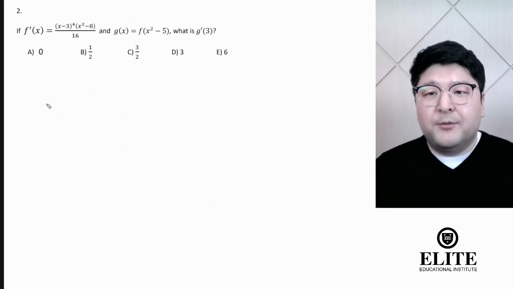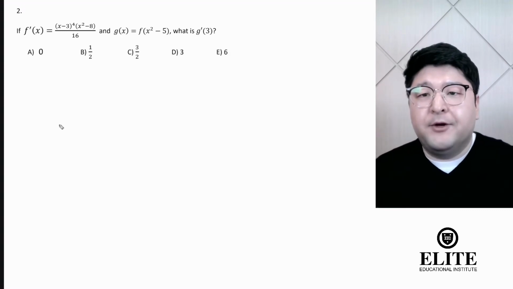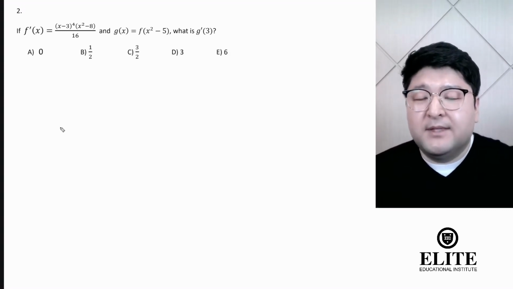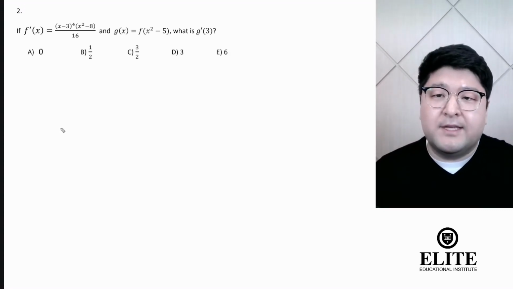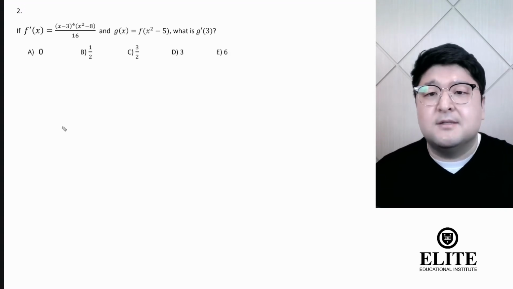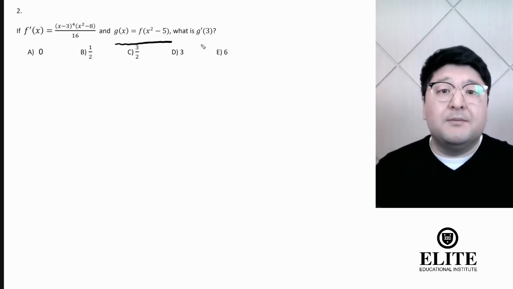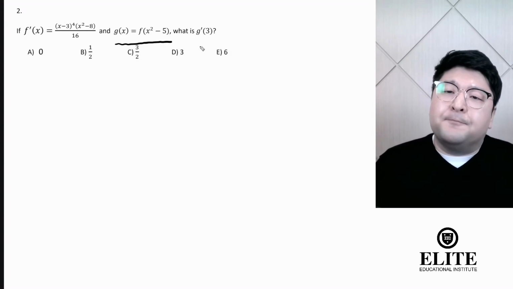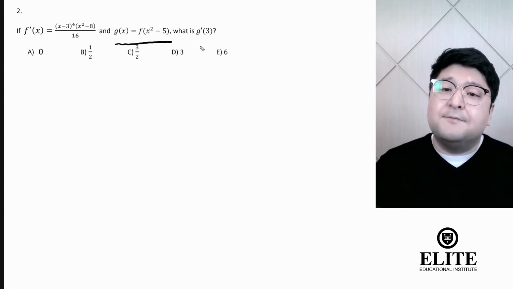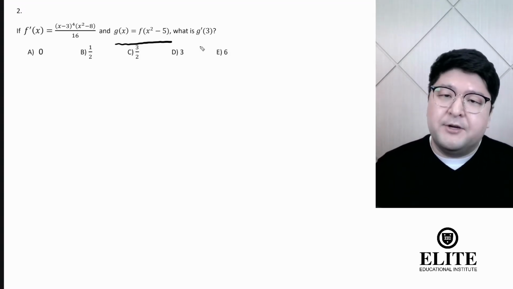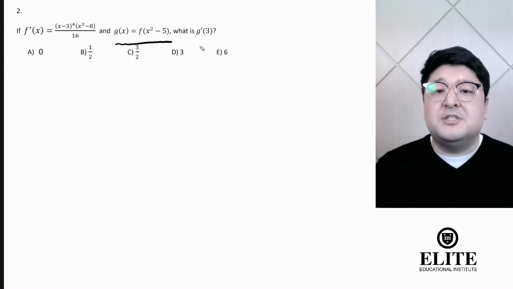And here we have number 2. It says f prime of x is (x minus 3) to the 4th power times (x squared minus 8) all over 16, and they gave us g of x equals f of (x squared minus 5). They're asking us, what is g prime of 3? They don't actually give us what f of x is. Instead, they give us f prime and ask us to find g prime.